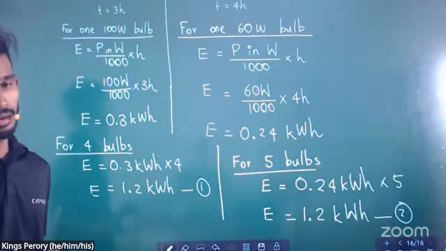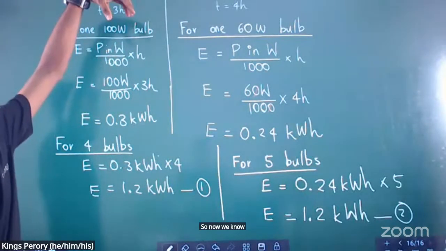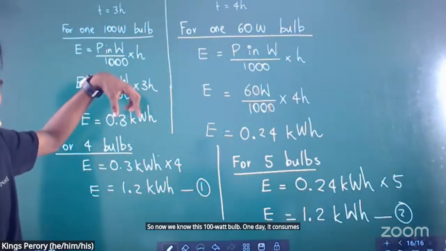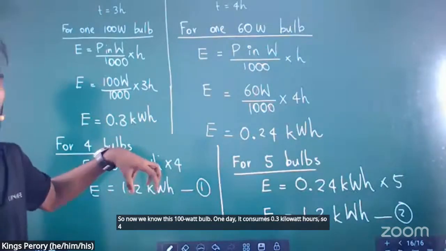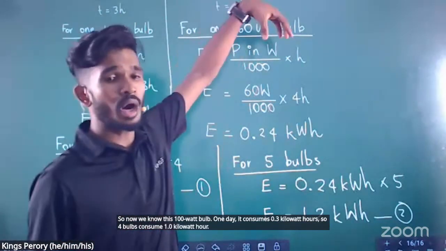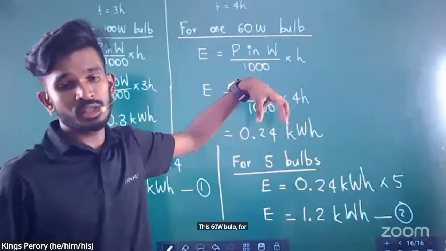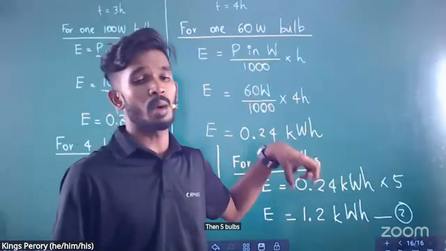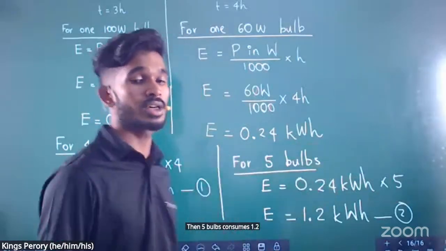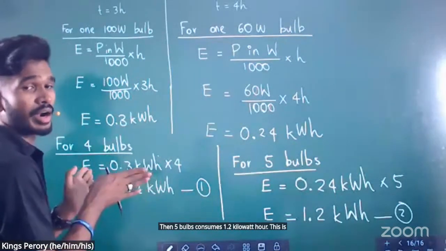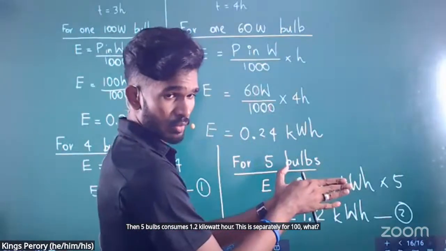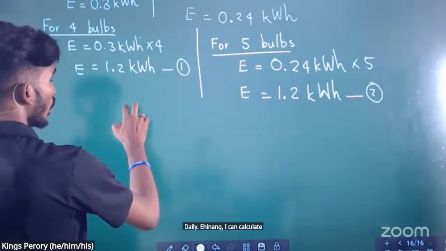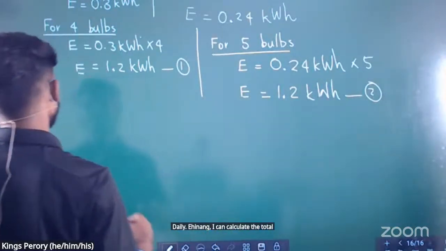So now we know this 100 watt bulb consumes 0.3 kilowatt hour in one day, so 4 bulbs consume 1.2 kilowatt hour. The 60 watt bulb consumes 0.24 kilowatt hour in one day, so 5 bulbs consume 1.2 kilowatt hour. This is separately for the 100 watt and 60 watt bulbs daily. Now I can calculate the total daily energy consumption.